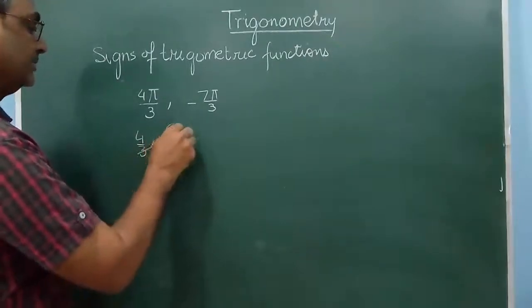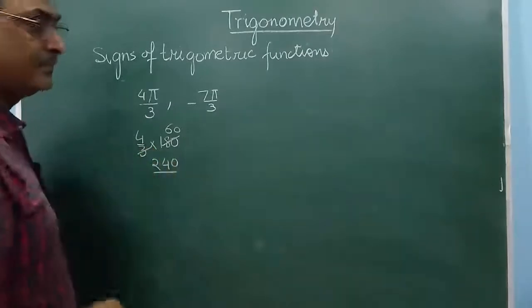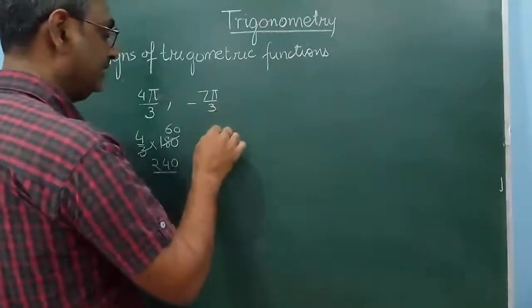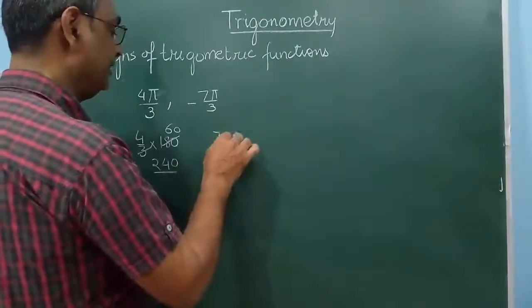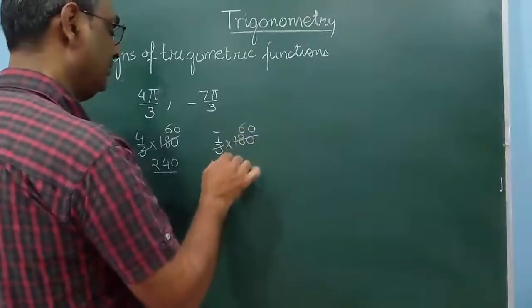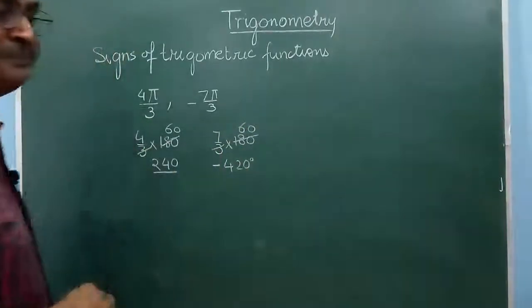Cancel it. This angle is 240. Here the angle is minus 7 by 3, so 7 by 3 into 180, cancel it, 60 into 7, 420 degrees, minus.